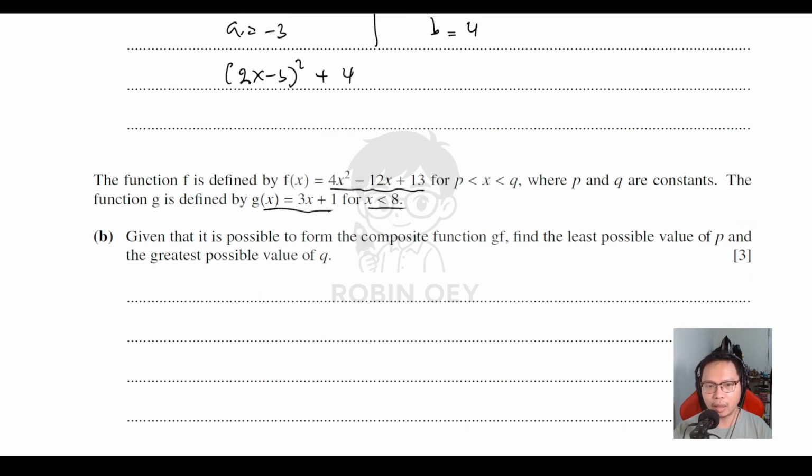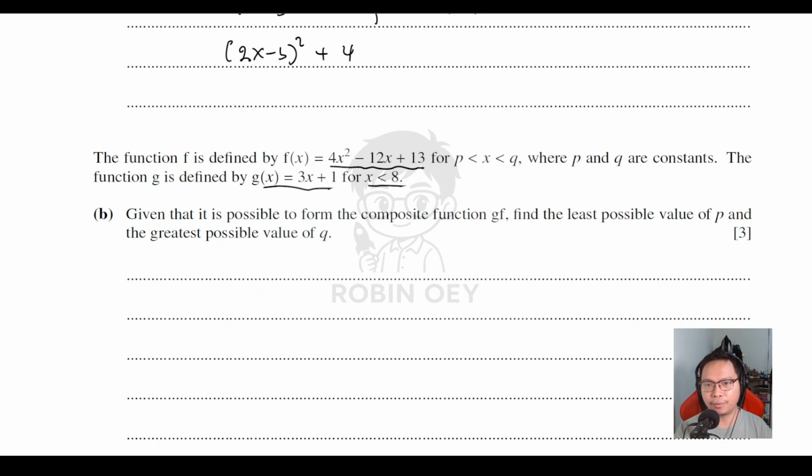If we are looking at the composite function gf, the f of x would become the input. It said that the input must be less than 8, so I can assume that f of x must be less than 8.